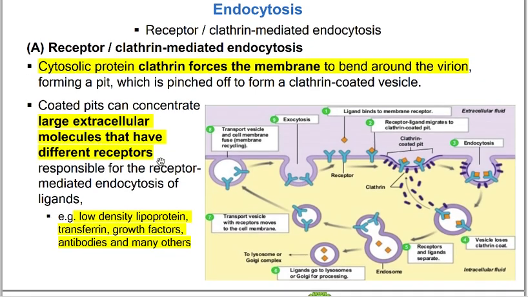So here we can study receptor or clathrin mediated endocytosis. Cytosolic protein clathrin forces the membrane. This is a receptor.